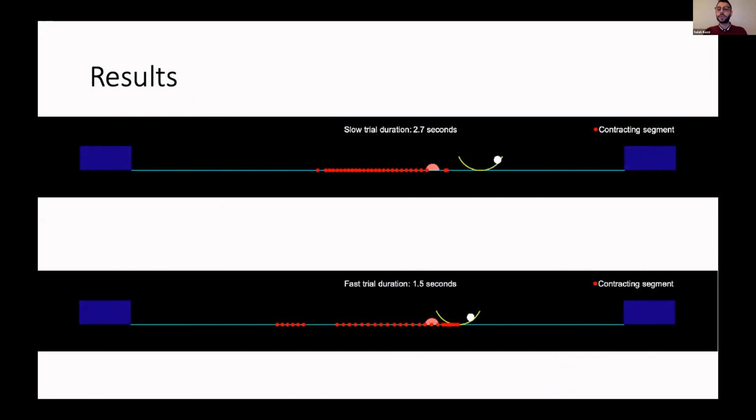More importantly, stability helped them perform better. Recall that we told them we want you to be as fast as possible. And we noticed that the faster the movement was, the more contracting segments there were in the movement. That contraction allowed for such a faster movement because the trajectory was robust to the perturbation that the humans faced, and hence it allowed them to attenuate the effects of that perturbation.